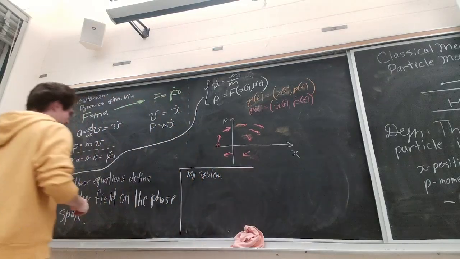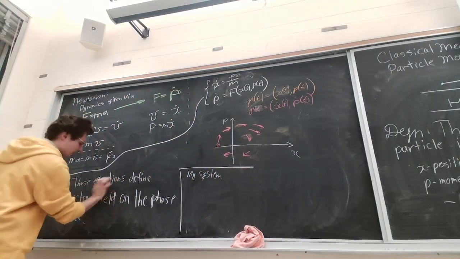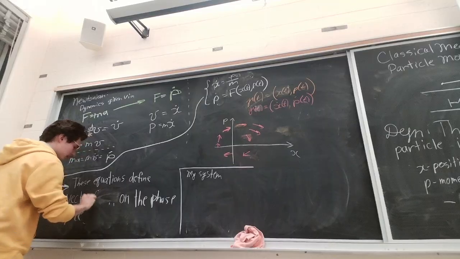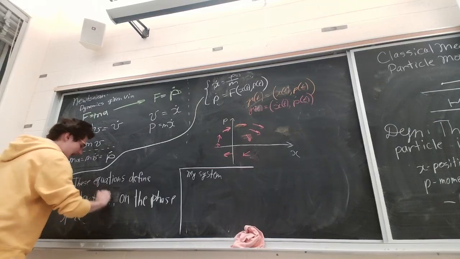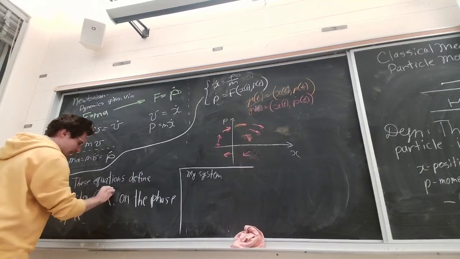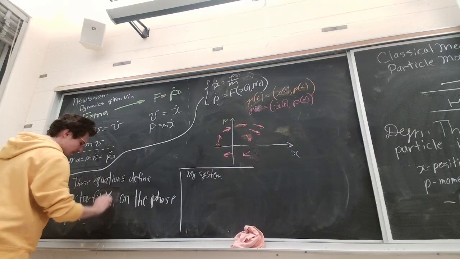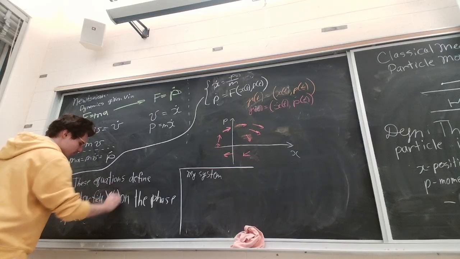So these equations define a vector field. Let's call it X, the vector field X of x comma p.